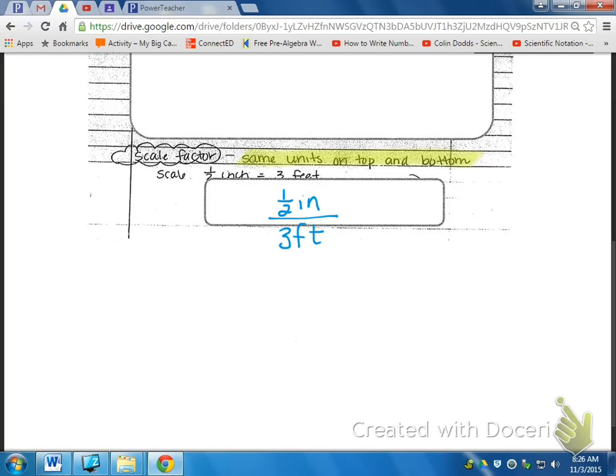No, feet. Yeah, you want to go with the biggest one, feet, and break it down into inches. So I'm going to say 1/2 inch. How many inches are in 3 feet? 36. So 36 inches. And just like in the first lesson, when you get the units the same, you can mark them out.